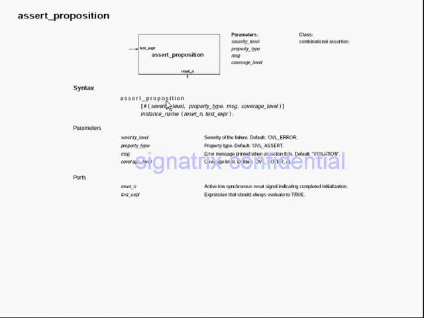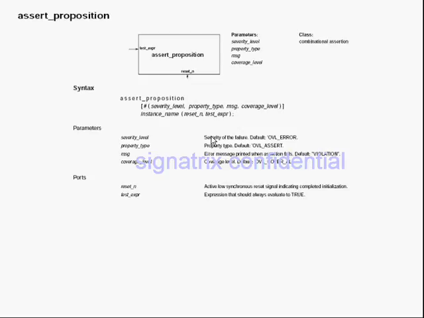Okay, now we're going to see about the syntax of this assert proposition. Look at here, we are simply overriding the parameters of this assert proposition. Then instance name, reset and test expression, all those things, right? Now come to these parameters.